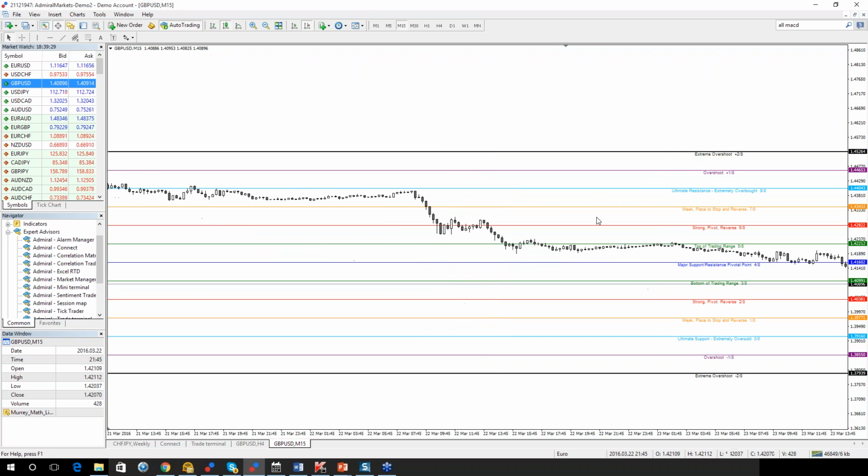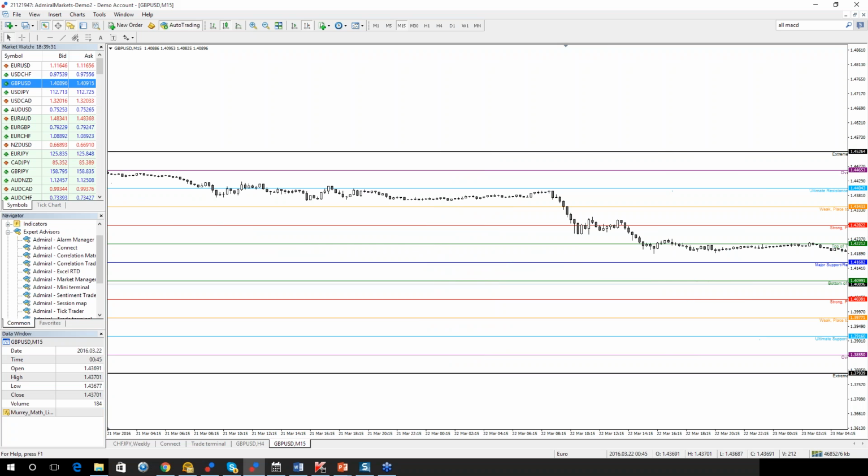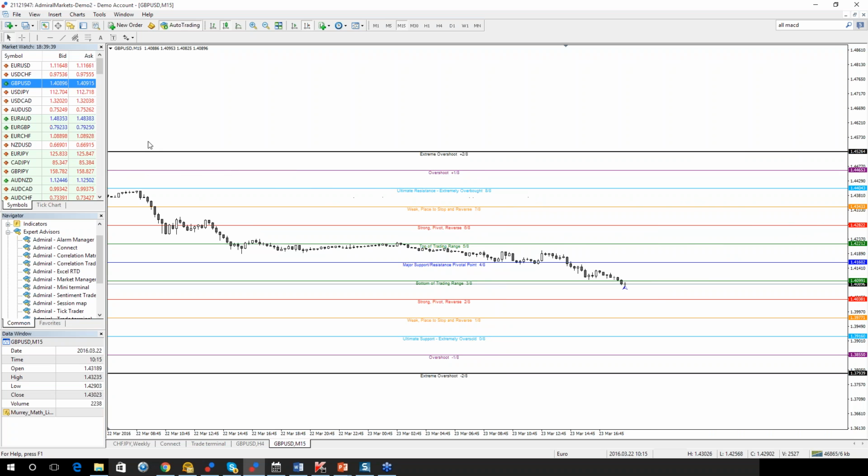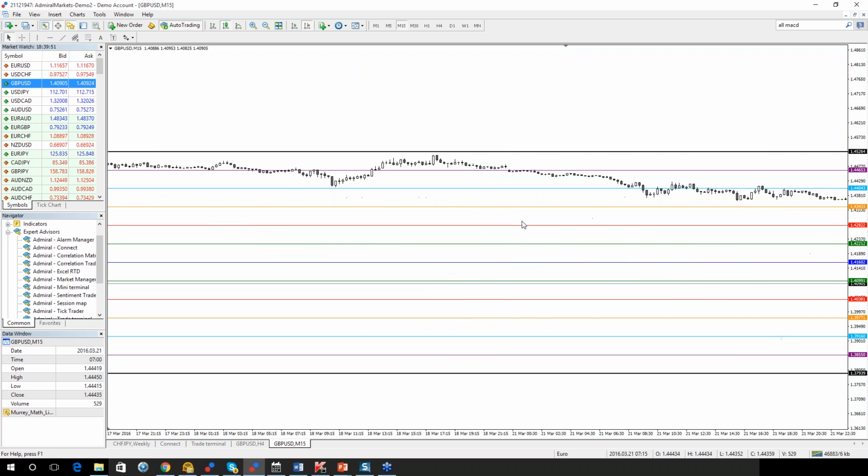Look, the market couldn't go above these lines. See how it rejected the price. And where it went back, look, to trade with the range. Yes, reverse at a line, plus 2/8 or minus 2/8. See?